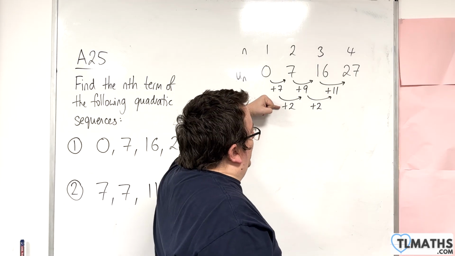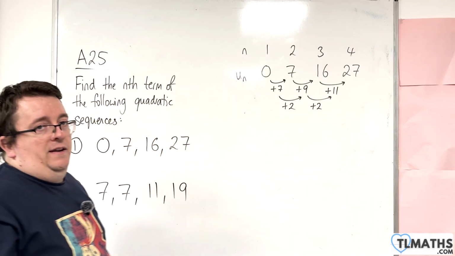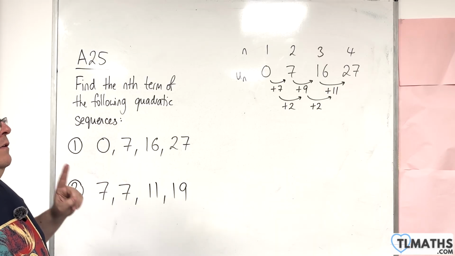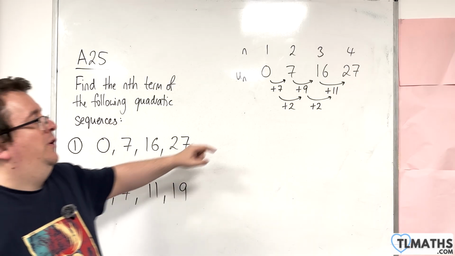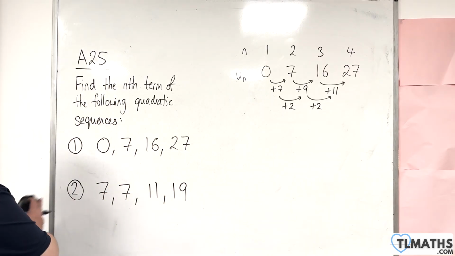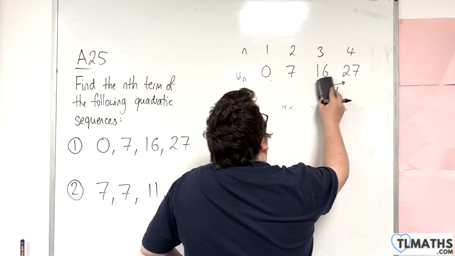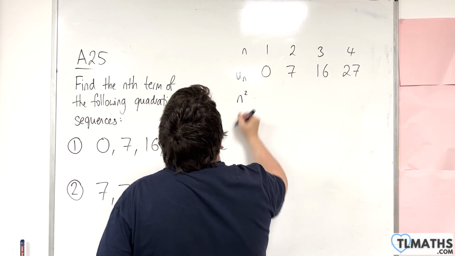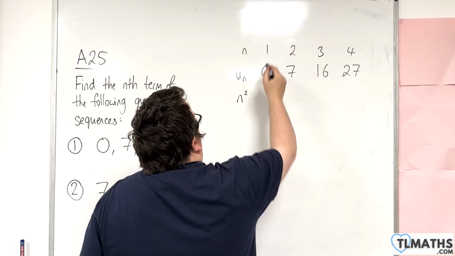Now, because that's 2, you half that number, and that's the coefficient of n squared in the nth term formula. So half of that is 1, so we're going to have a 1n squared. Because we know we're going to have a 1n squared, I'm going to figure out what n squared is as a sequence.